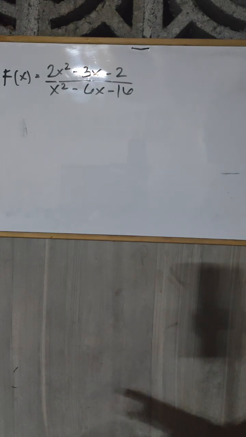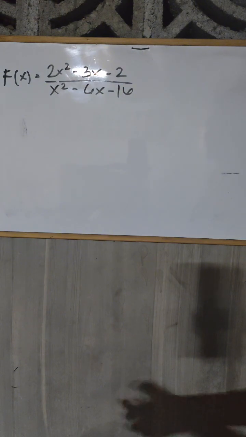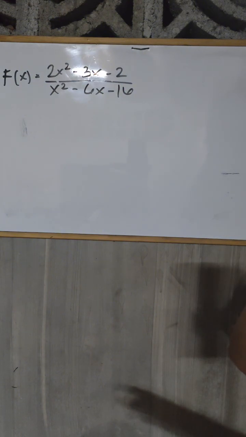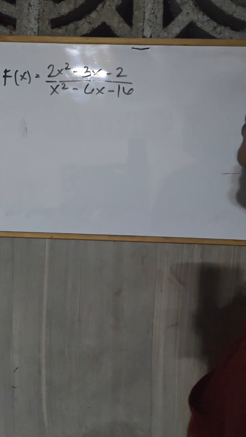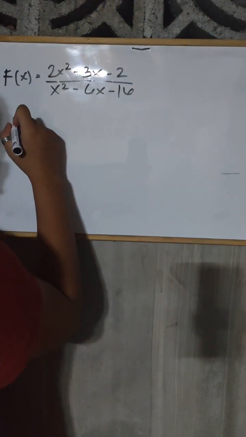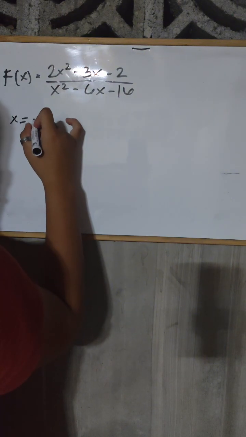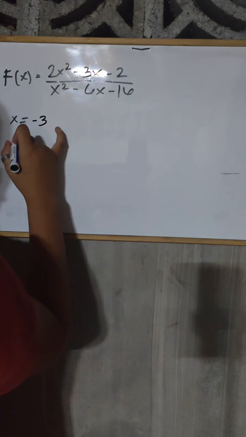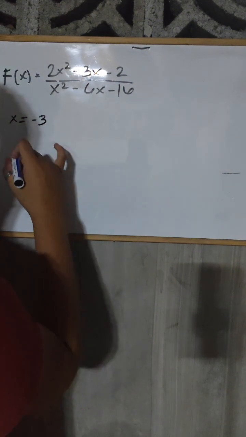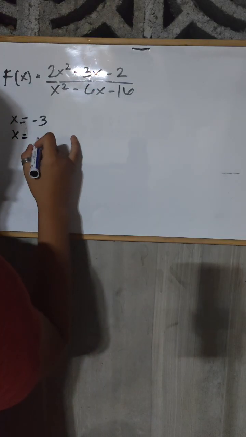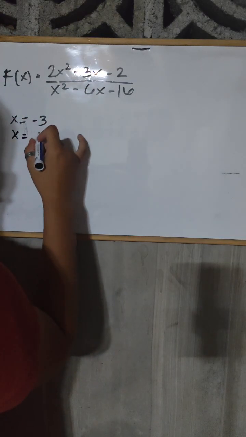So, let's plug in values close to negative 2. Let's first start at x equal to negative 3. Let's plug in four numbers here. That's pretty close to negative 2.